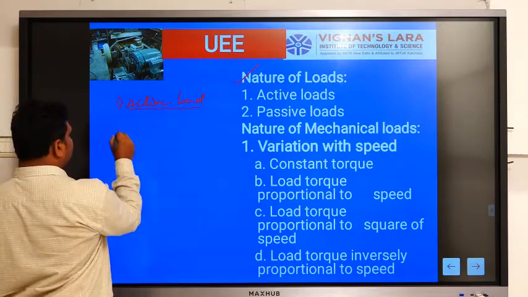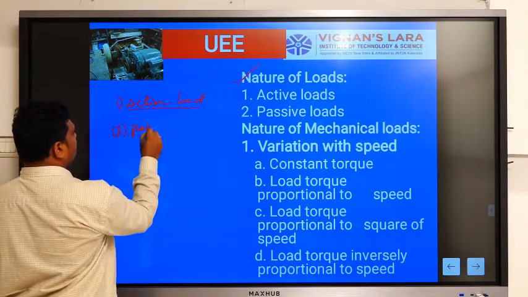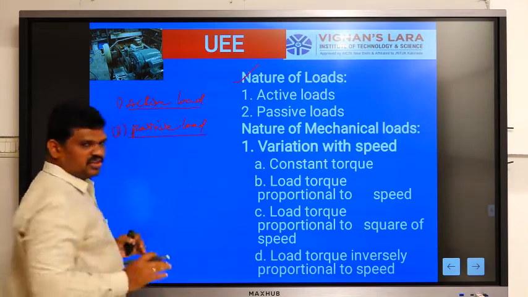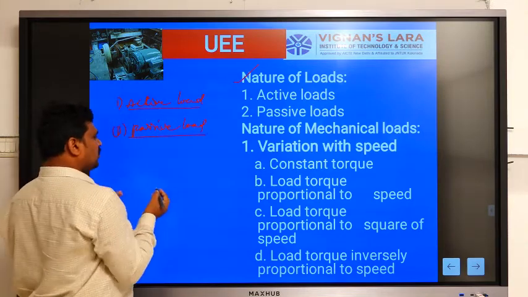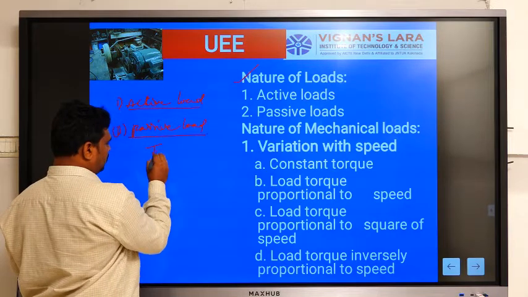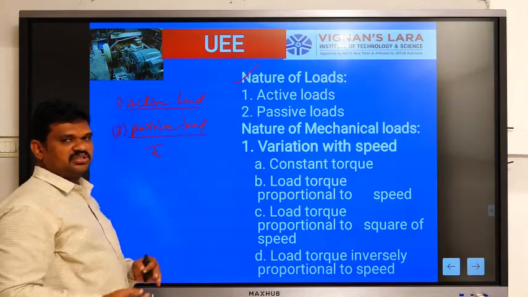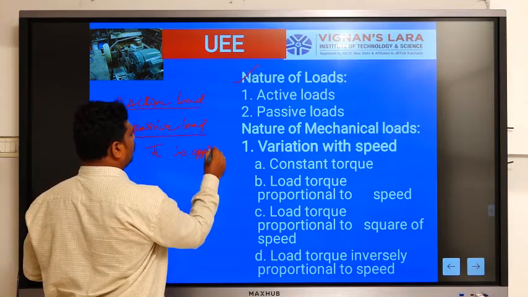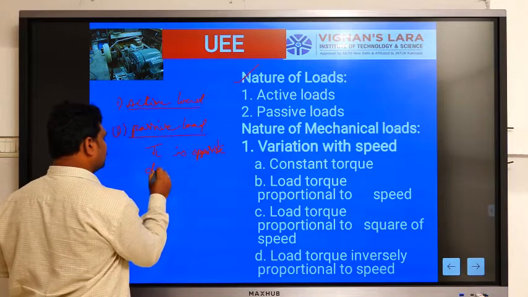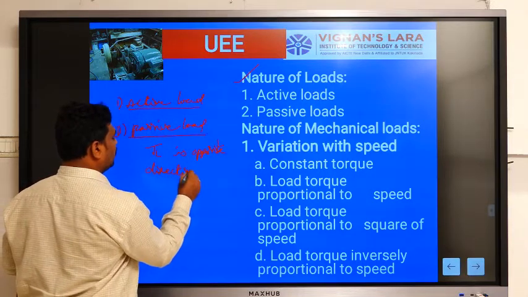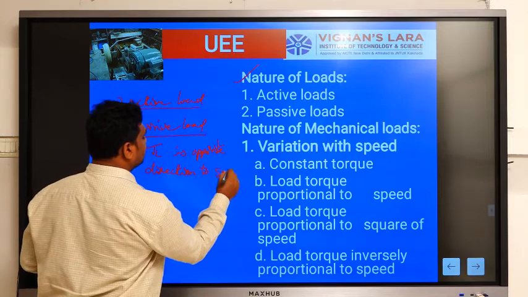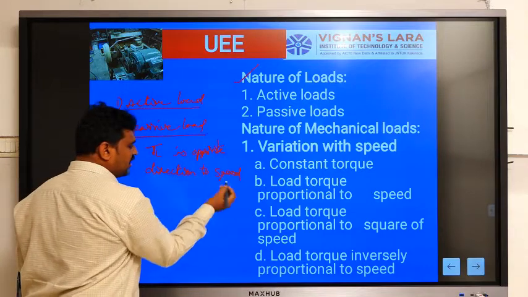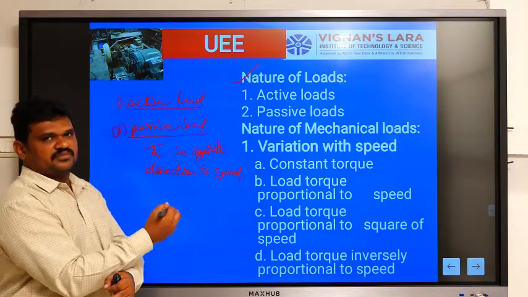Next, the passive loads. The second category is passive loads. Passive load means the load torque is in the opposite direction to the speed. Opposite means negative.